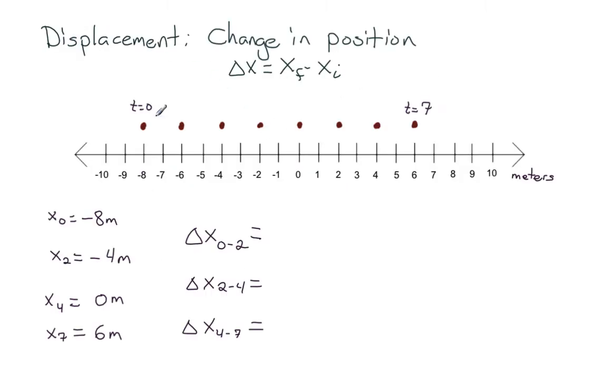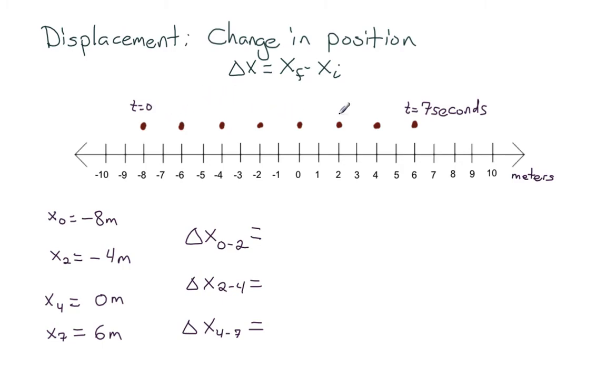But in the next slide, I'm actually attaching numbers to this. I'm doing it in two ways. First, I'm labeling each dot with a specific time. Here, time is 0. Here, time is 7, and let's do this in seconds. And pardon my handwriting.